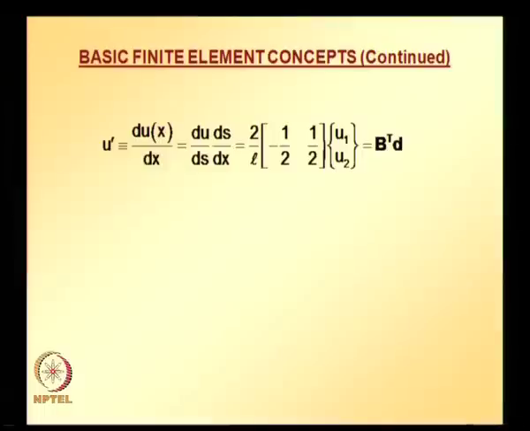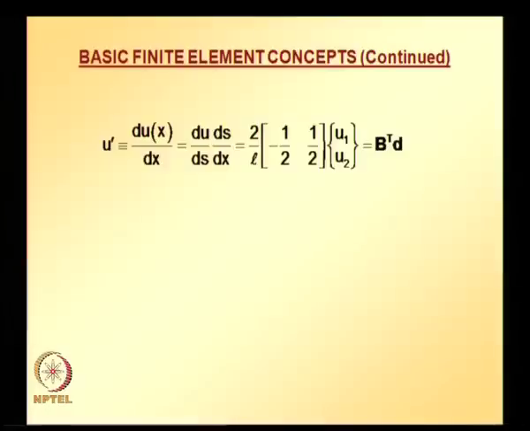Using the chain rule, we can write it as derivative of u with respect to s times derivative of s with respect to x, and derivative of s with respect to x is nothing but 2 over L, and derivative of u with respect to s is nothing but the shape function matrix derivative times the nodal values vector, that is, you take the derivative of N transpose times d.